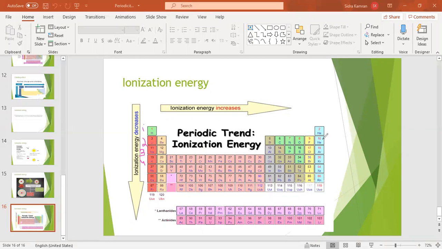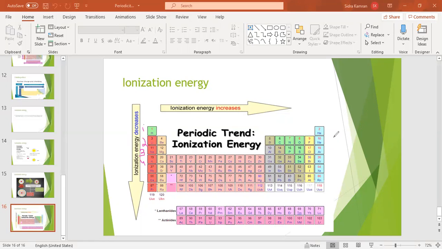Due to the increase in the number of electrons, atomic size decreases because the attraction between the nucleus and the outermost electrons increases. Attraction increases, size of atom reduces. Due to this strong electrostatic force between the nucleus and the outermost shell, ionization energy increases.